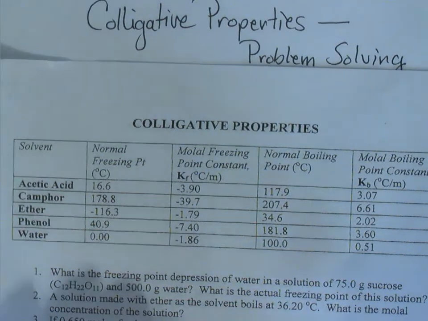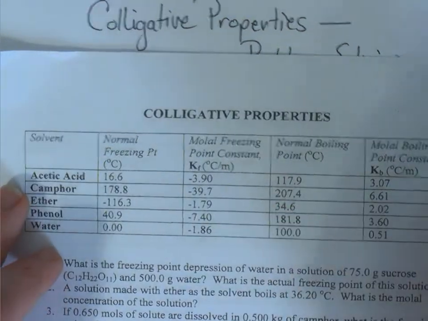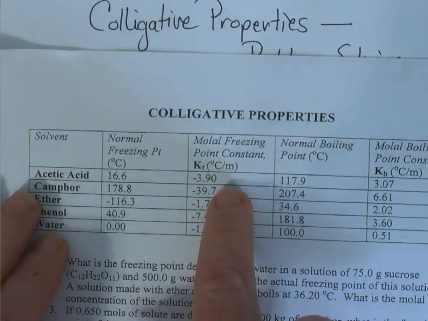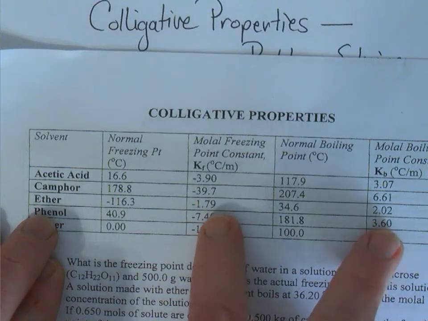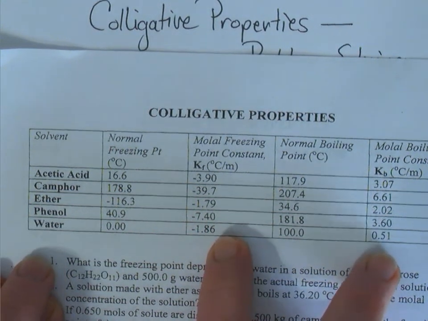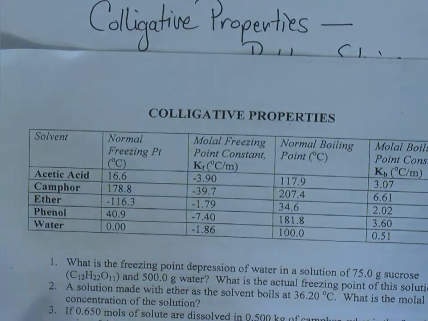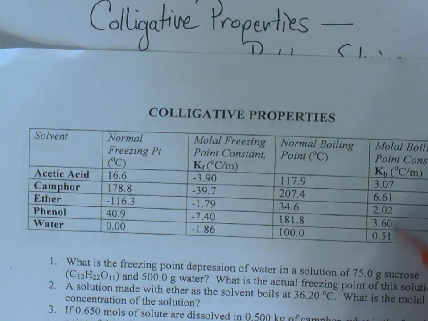All right. Notice also that they're different values if you're talking about freezing or if you're talking about boiling. So we want to make sure that we know, okay, are we looking for boiling or are we looking for freezing? And then you're applying the correct value, of course. Now, it's much easier to change the freezing point than it is the boiling point.